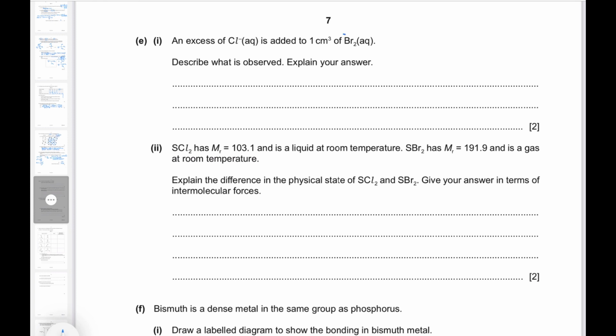So for example, bromine cannot react with chloride ion because bromine is less reactive than chlorine, or bromine is less electronegative. So in this case, no visible reaction occurs and the solution remains as it initially was. No color change occurs.